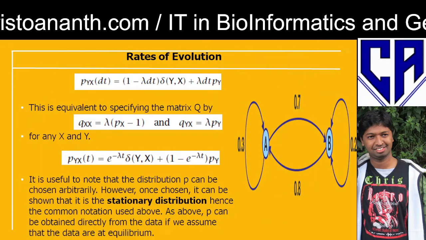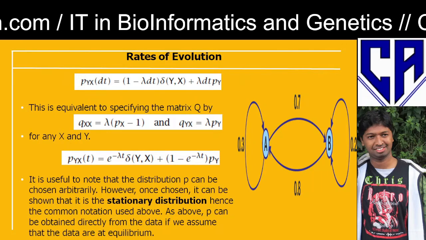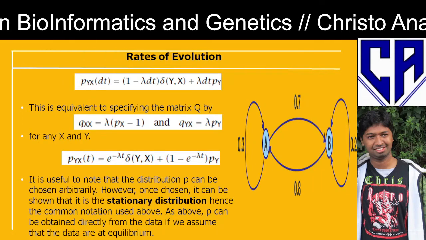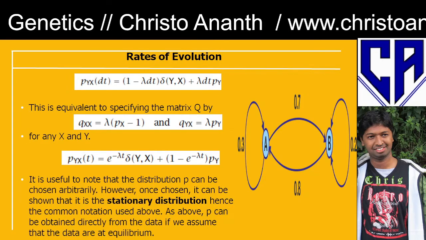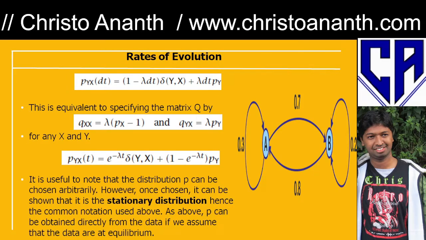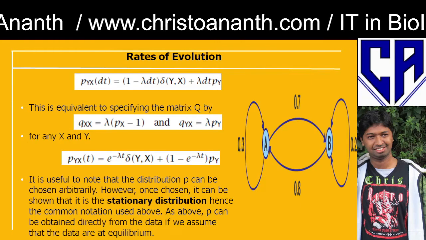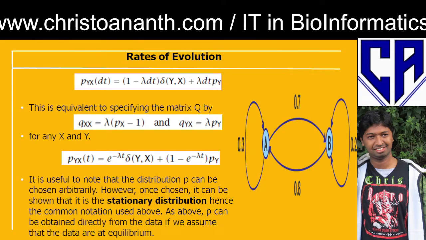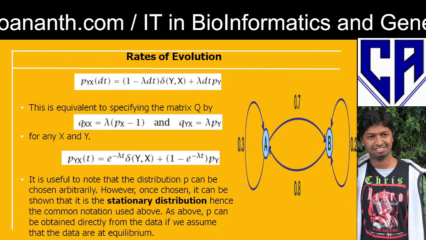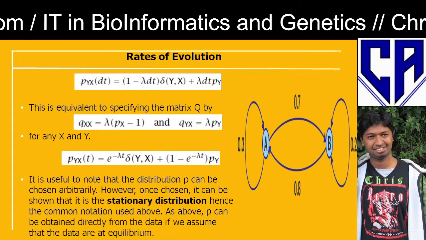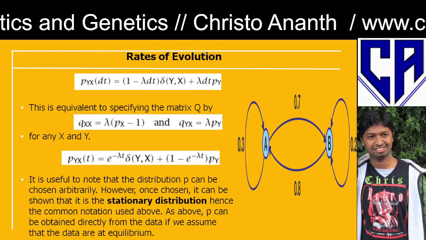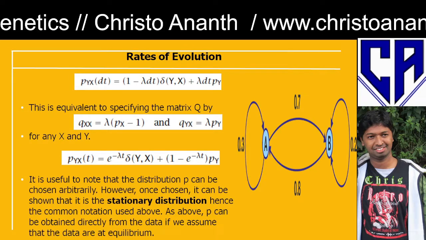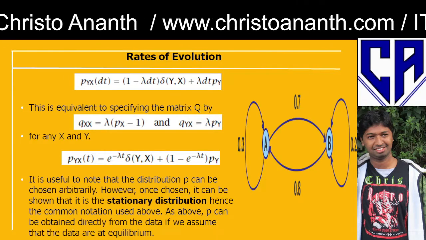So this is the thing: p y x of dt equal to 1 minus lambda dt delta of y comma x plus lambda dt Py. So actually you can categorize it as a matrix Q. So Qxx is equal to lambda Px minus 1 and Qyx is equal to lambda Py. Okay. So Pyx of t is equal to e power minus lambda t delta of y comma x plus 1 minus e power minus lambda t Py.